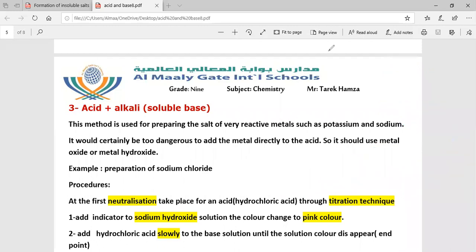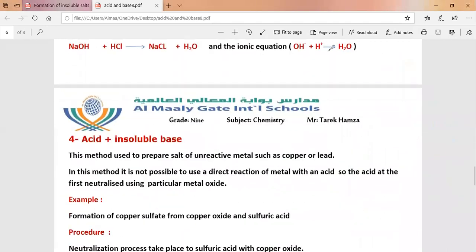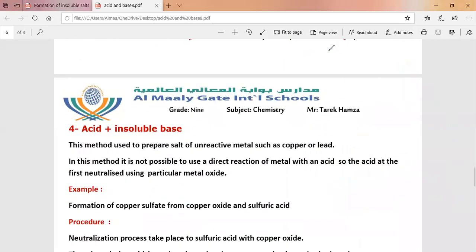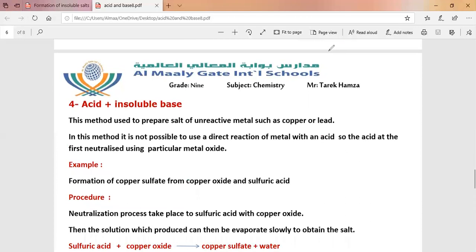The last one, acid and insoluble base. In this case, the acid reacts with metal oxide. In the preceding method the acid reacted with metal hydroxide, but in this method, metal oxide.